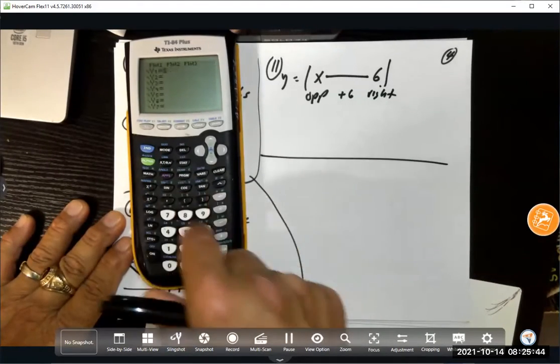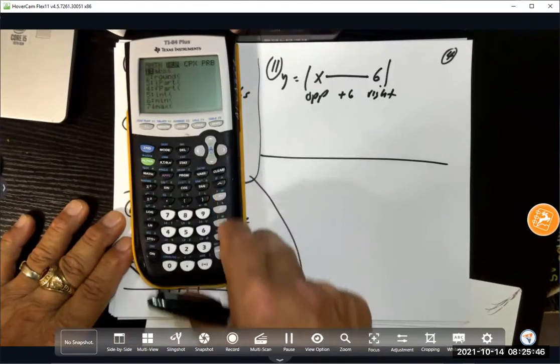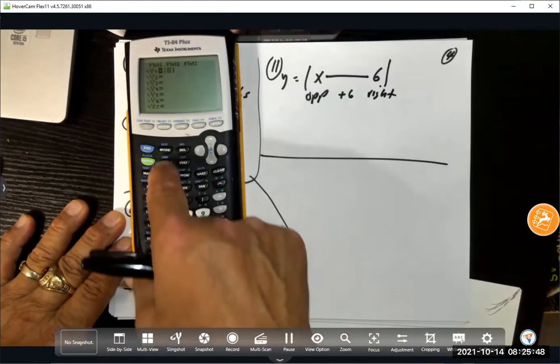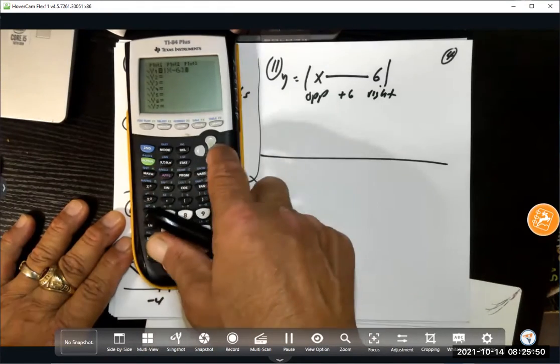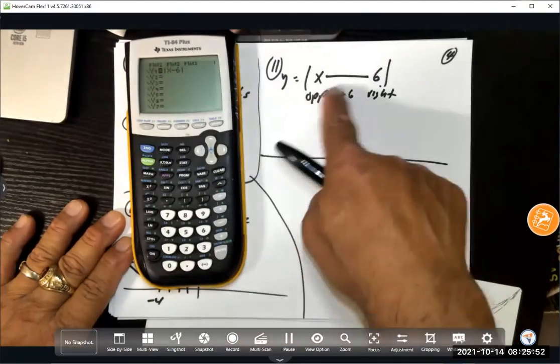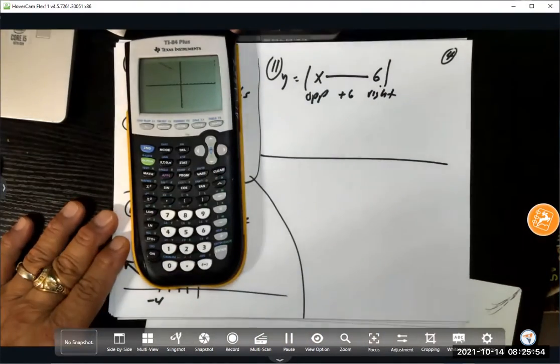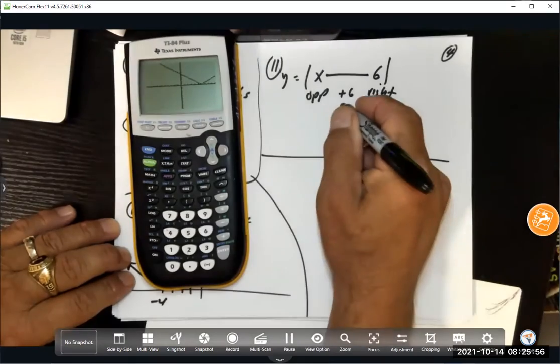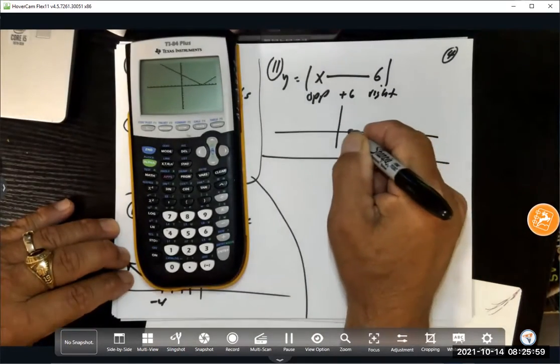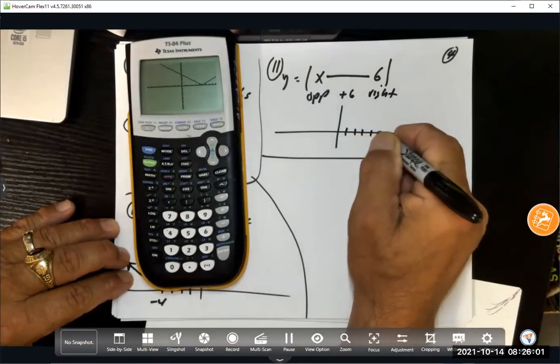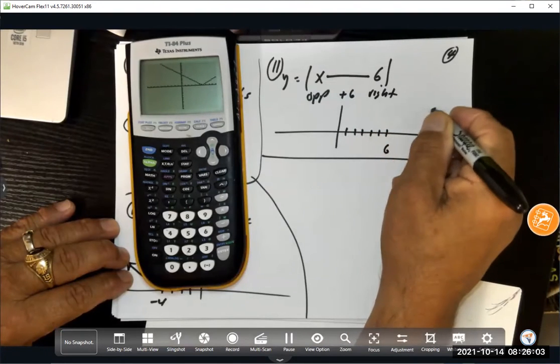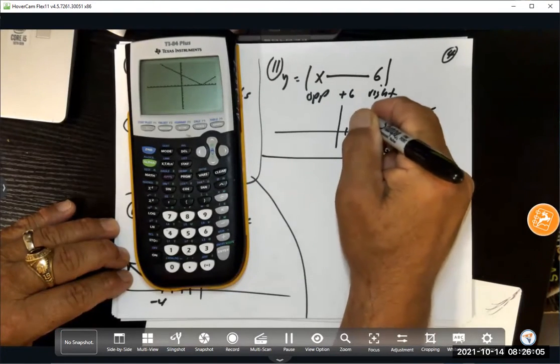Clear. You're going to go math, number, abs, x minus 6. Get out. Okay, hit graph. So it's going to go to the right. 1, 2, 3, 4, 5, 6, right there. Is that all right?